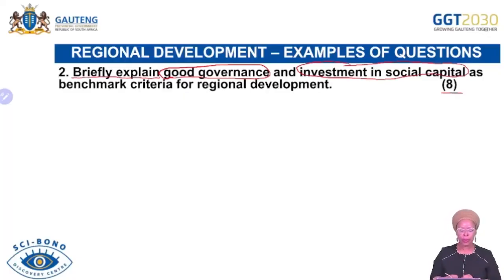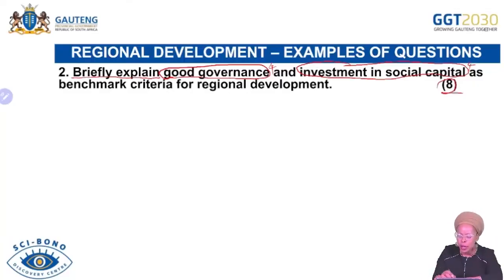So, these are the benchmark criteria for regional development. Remember, it will be 4 marks for good governance and 4 marks for social capital. What will happen if you only explain good governance and you give us 4 points? Only 2 will be marked. You will get only to a maximum of 4. You won't get full 8 marks.